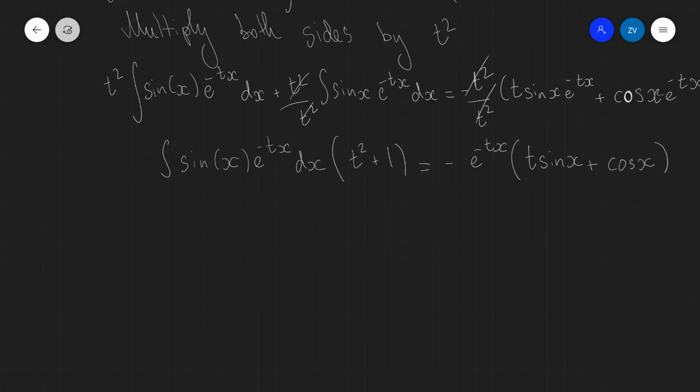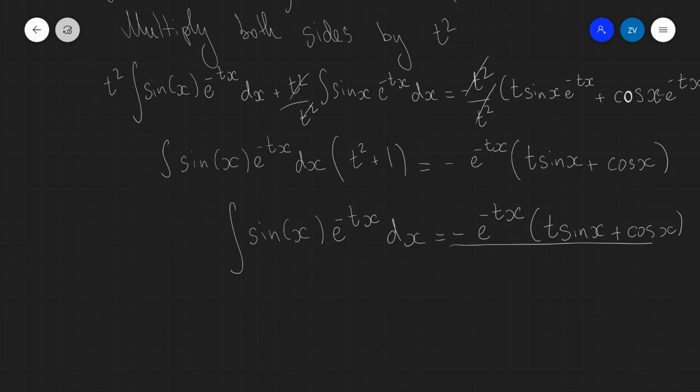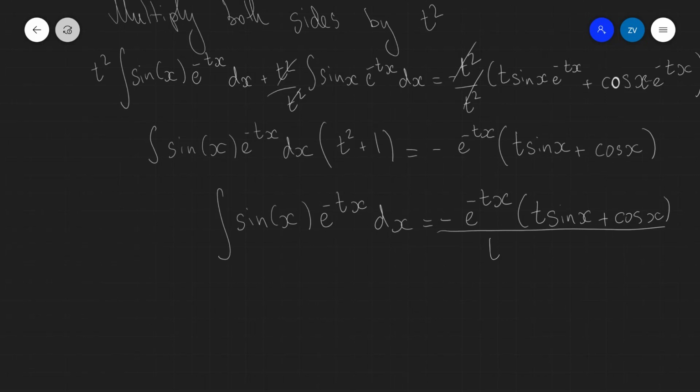We finally are going to get that the integral of sine of x e to the minus tx dx is equal to minus e to the minus tx, t sine of x plus cosine of x, divided by t squared plus 1.